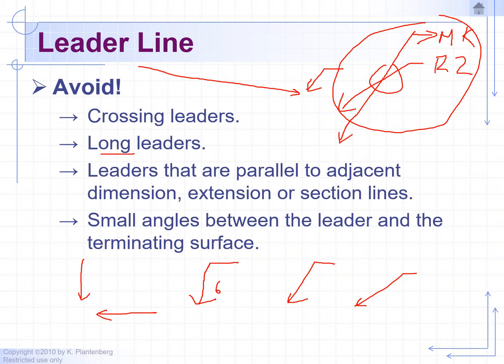Again, try and use a 60 degree angle, a 45 degree angle, or a 30 degree angle. It doesn't have to be exact, just eyeball it so as to not mix them up with extension lines or dimension lines. Okay, next slide.